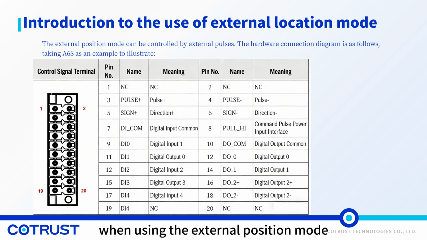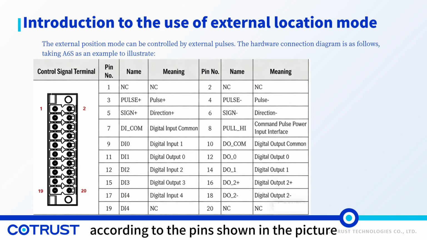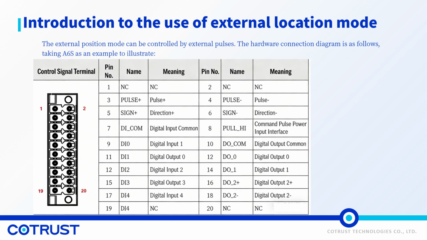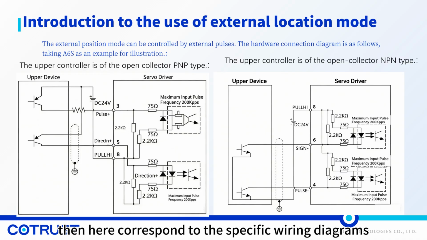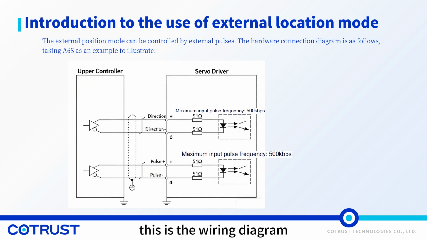When using the external position mode, the pulse, direction, and other pins need to be connected according to the pins shown in the picture. Then here correspond to the specific wiring diagrams of the host computer output type PNP and NPN output type respectively. This is the wiring diagram for the differential output type.